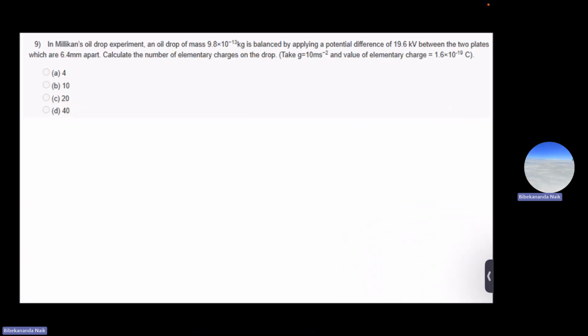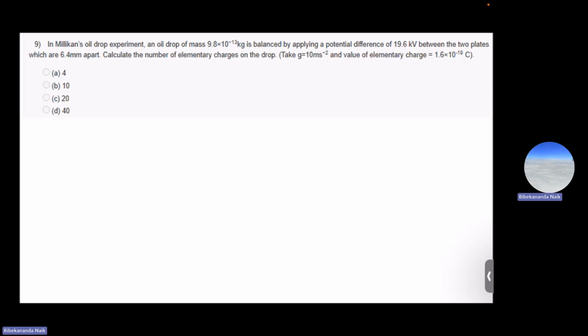So the question says, in Millikan's oil drop experiment, an oil drop of mass 9.8 × 10^-13 kg is balanced by applying a potential difference of 19.6 kilovolt between the two plates, which are 6.4 millimeter apart.